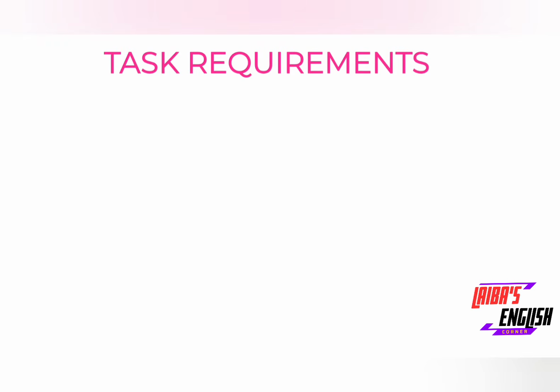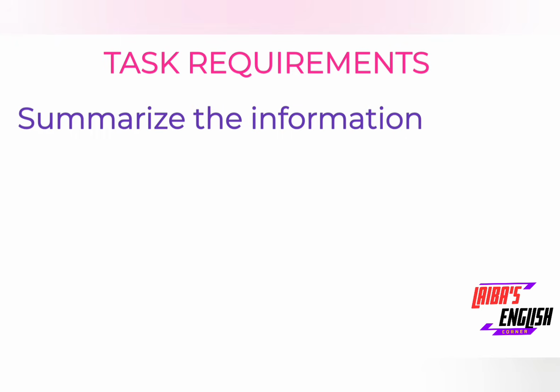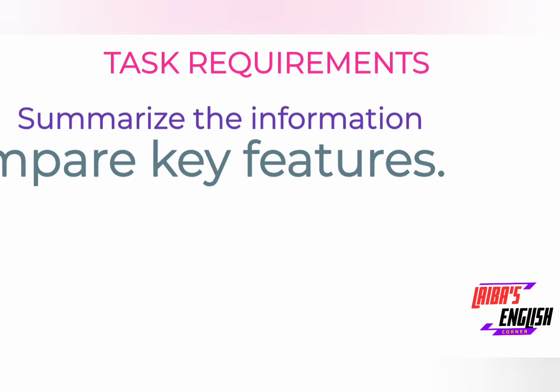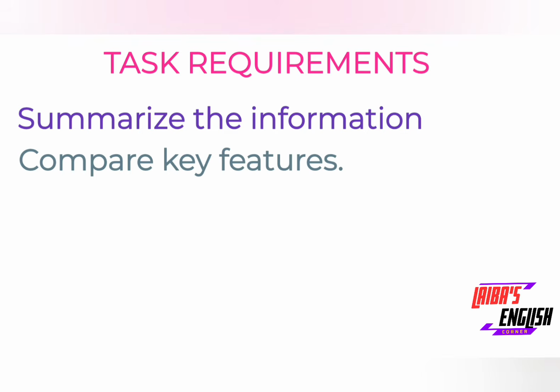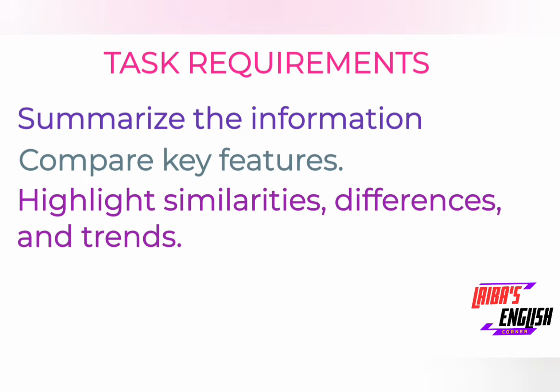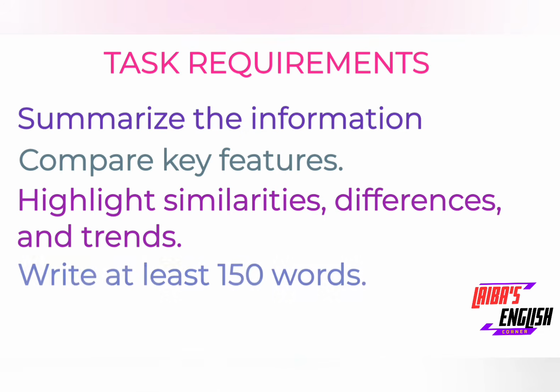Now we are going to discuss the task requirements which are very important for you to understand before solving this. The main things which you are required to do in your IELTS writing task 1 is to summarize the information. Compare the key features that are there in your map or diagram or table, etc. You have to highlight the similarities, the differences, or trends.